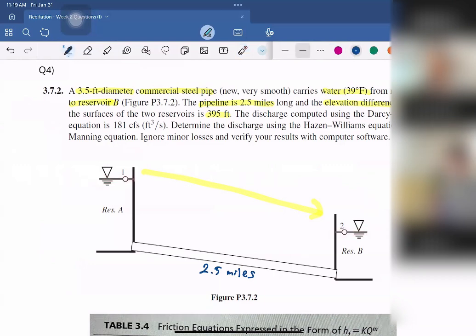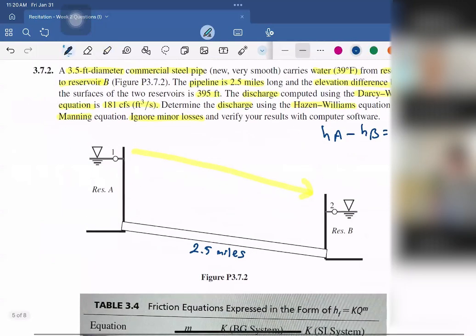Or we can say HA minus HB is equal to 395 feet. And actually, they calculated discharge using the Darcy-Weisbach equation as 181. But now we need to find discharge again. But this time we will need to use the Hazen-Williams equation and the Manning equation. And we are ignoring minor losses again.